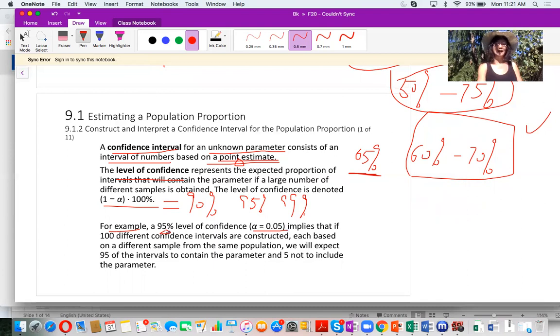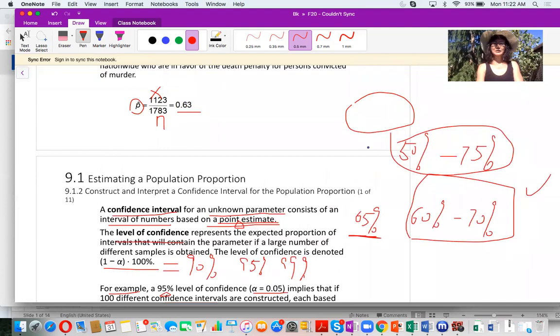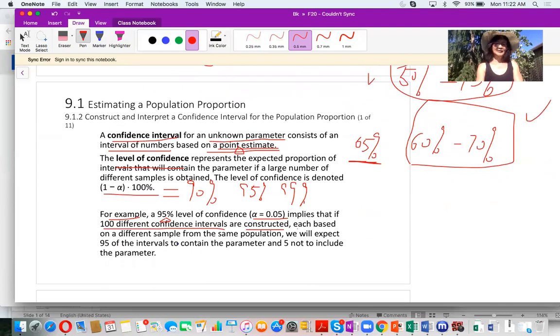So a 95% level of confidence implies that if 100 different confidence intervals are constructed, each based on a different sample from the same population, we would expect 95 of these intervals to contain the parameter, and 5 of those intervals do not contain the parameter.